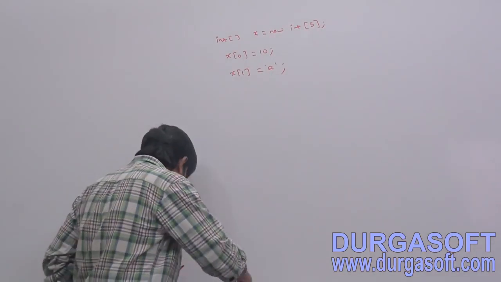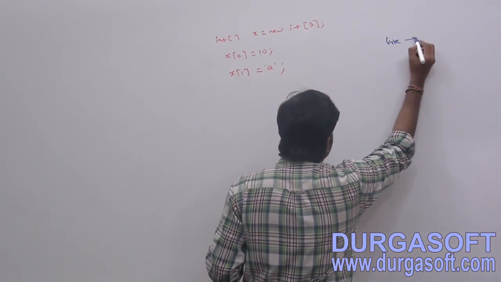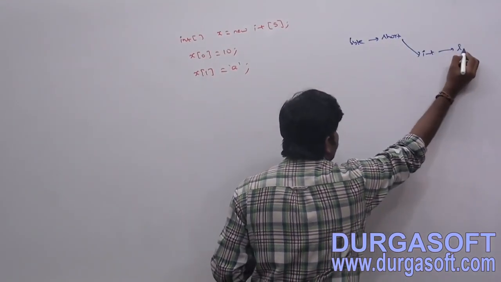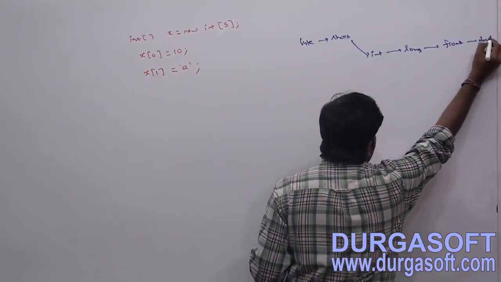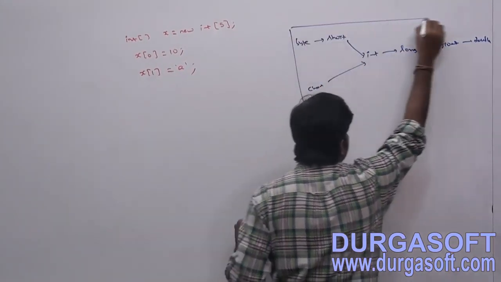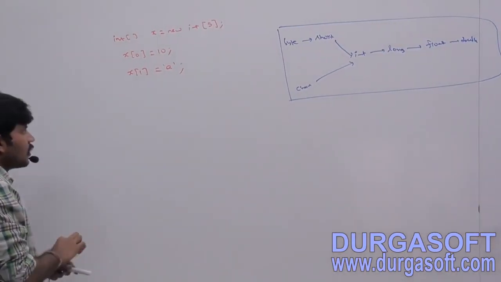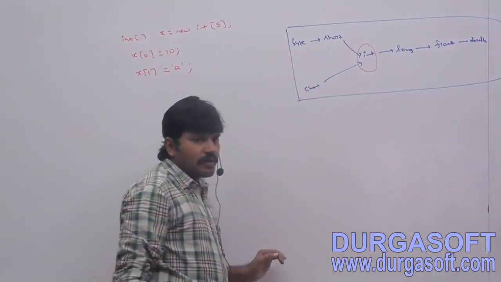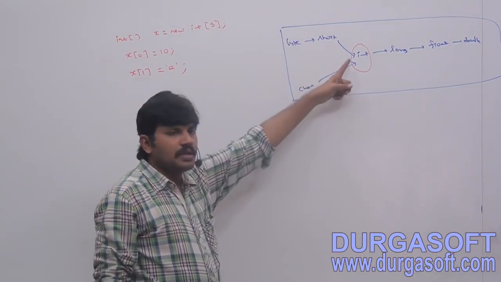97. Okay, I hope you people may remember this diagram. What is this one? Byte to short to int to long to float to double, and then char to int. Are you getting the point, right? Wherever int is required, byte is allowed, short is allowed, char is allowed, int is allowed.